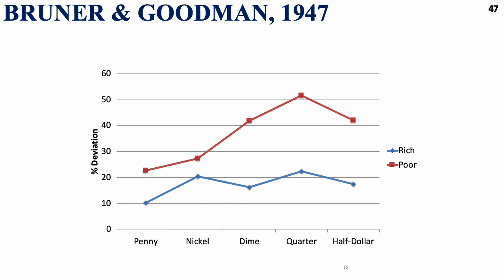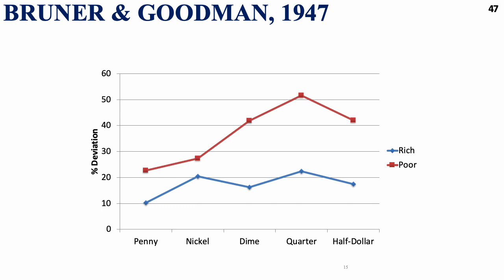What's kind of interesting though is that when the coins were present, the kids overestimated the size more, but when the coins were absent, poorer students demonstrate less susceptibility to this phenomenon.